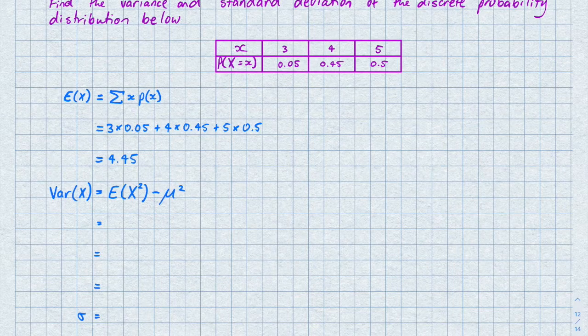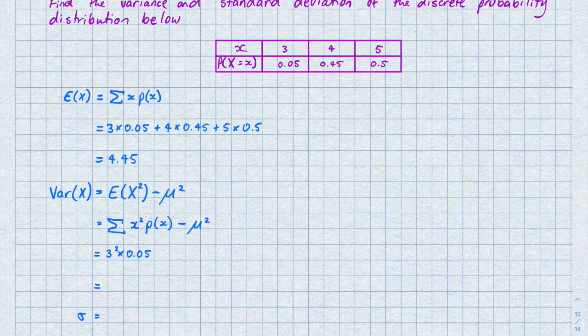Now we just find, from that formula on the reference sheet, the expected value of the squares minus the mean squared. Remember, expected value is the same as adding up multiplied by the probabilities, and this time it's the squares. So that's quite similar to this formula here. The only difference is the squares.